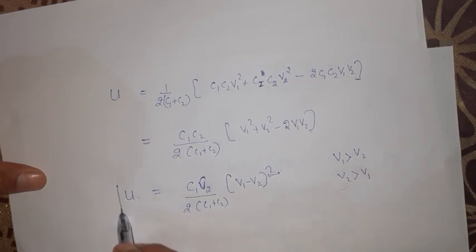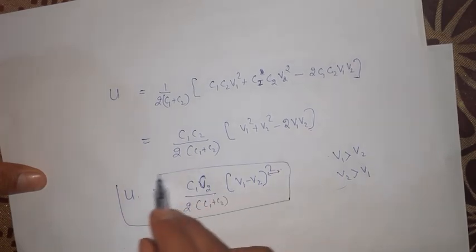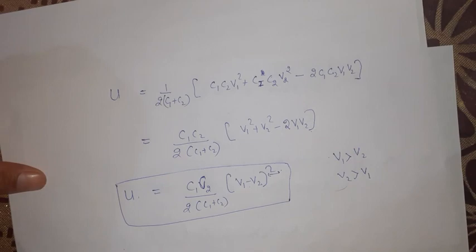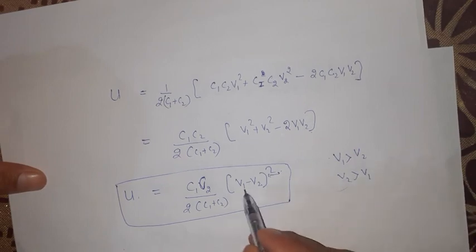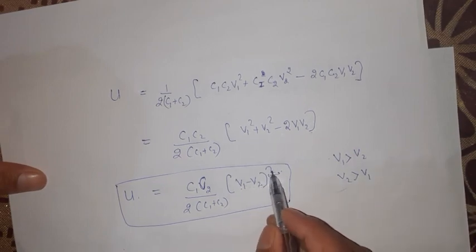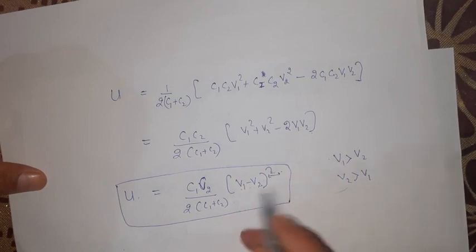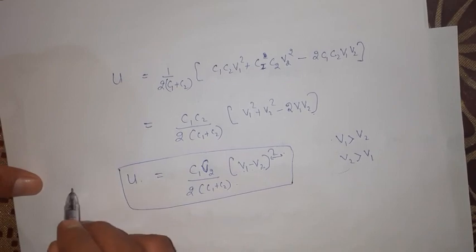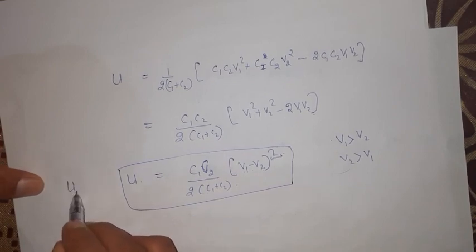Okay, remember that, important to note over here, that it doesn't matter whether the first body has the higher potential or the second has the higher potential, because the potential difference whole squared is used at the last. Okay, so students, what we get over here is the loss of energy, initial minus final.